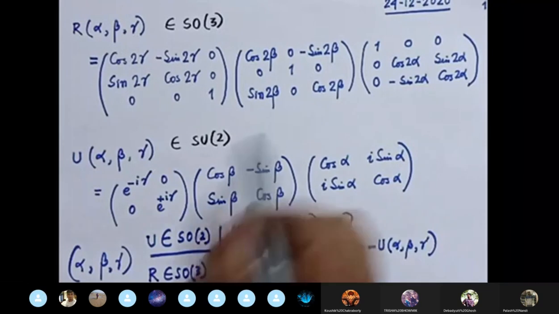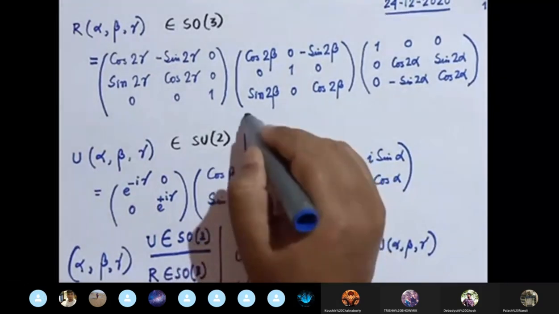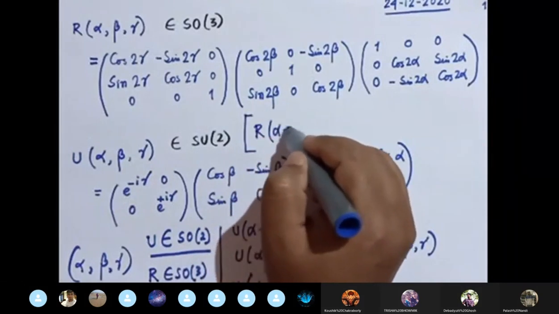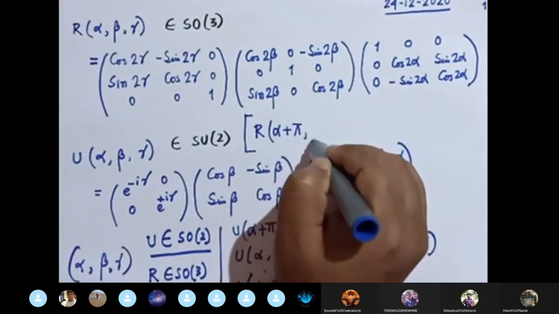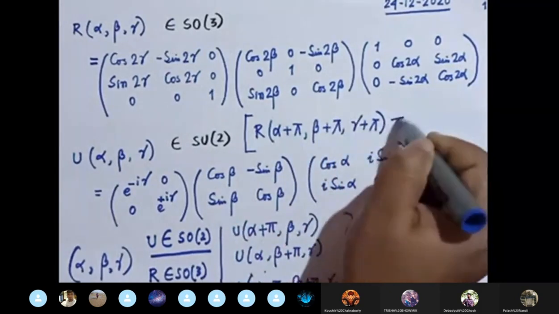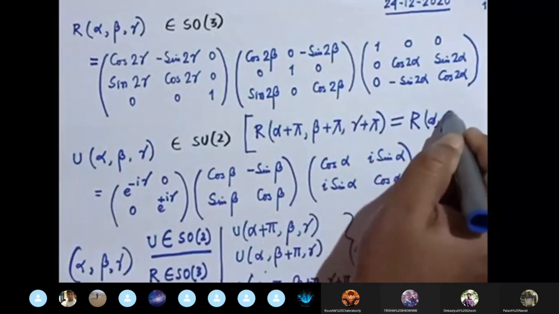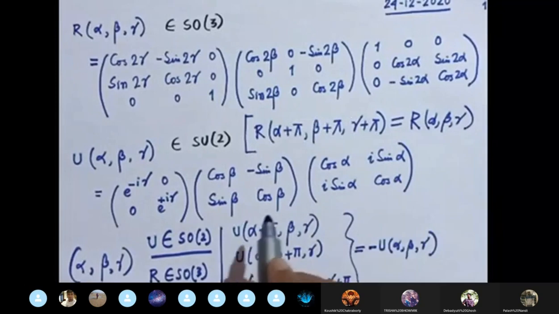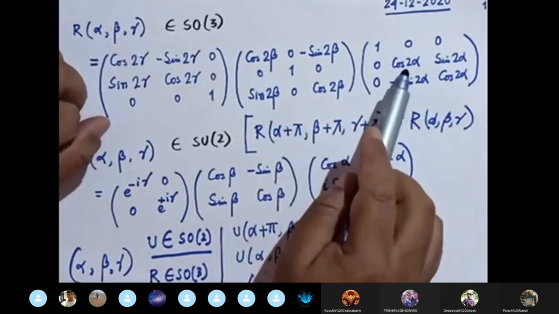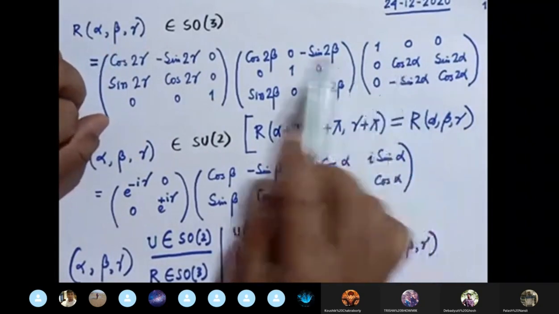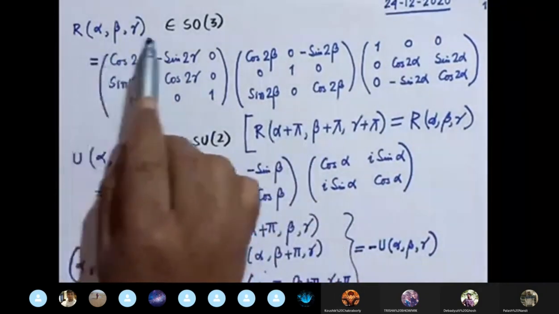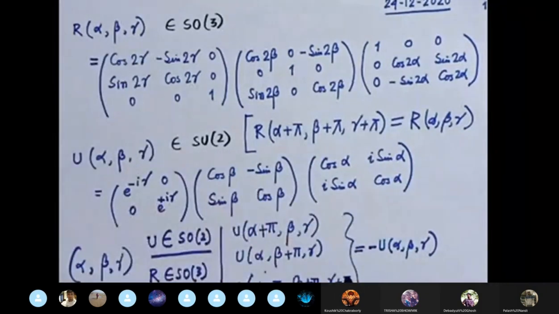But for R, I am writing one equation: R of alpha plus pi, beta plus pi, gamma plus pi is equal to R of alpha beta gamma, not minus R. Because alpha plus pi will make this 2 alpha plus 2 pi, so all the cos and sin remain the same. So pi is the periodicity of this matrix, but not of this.